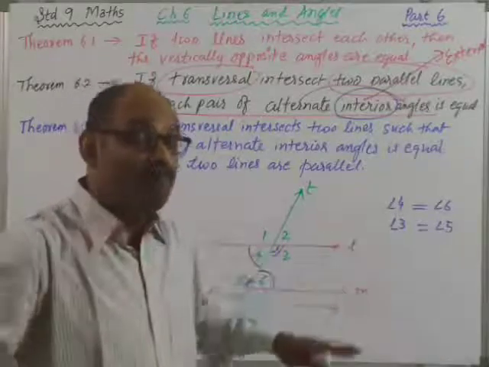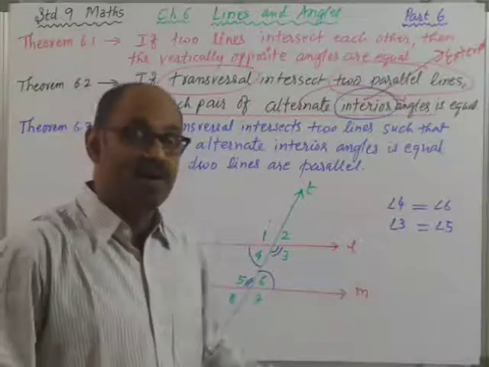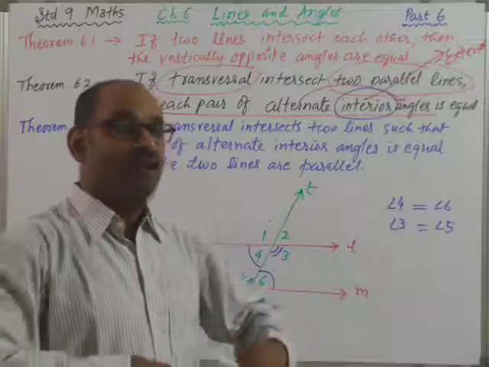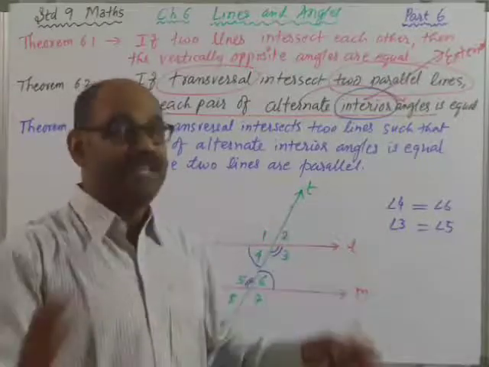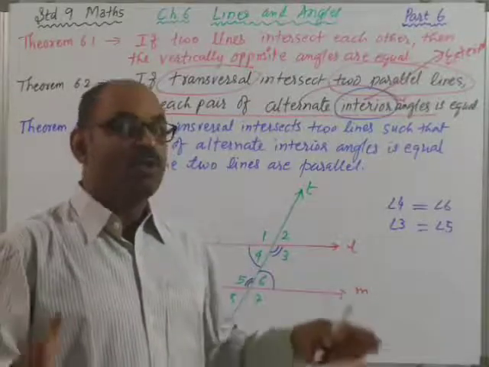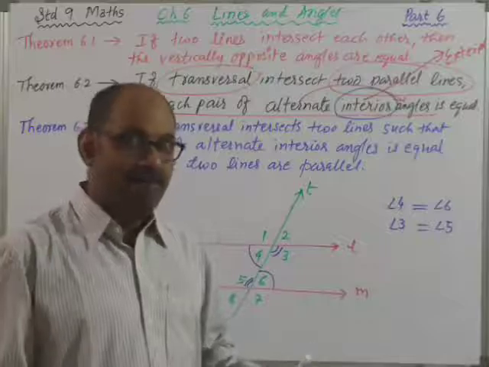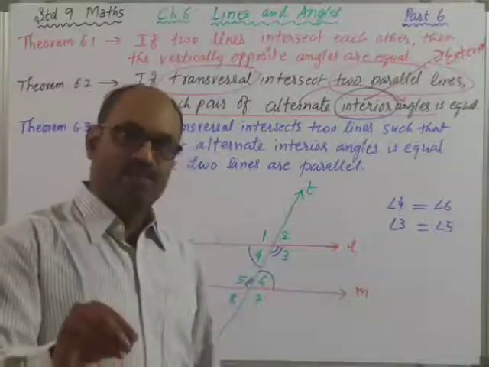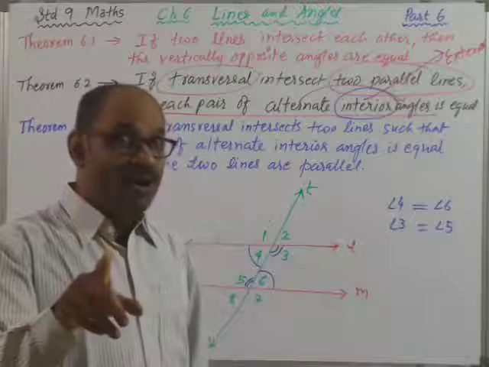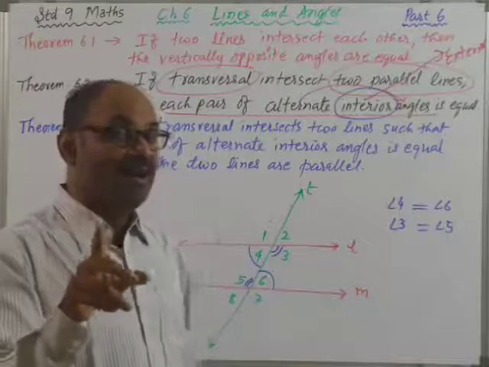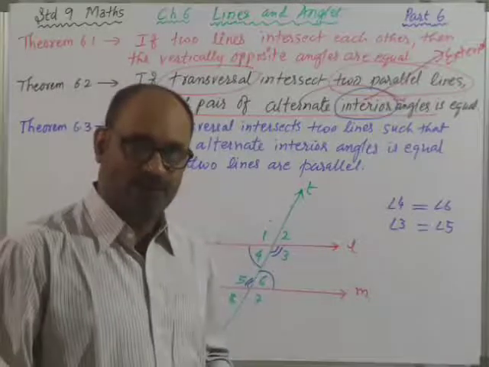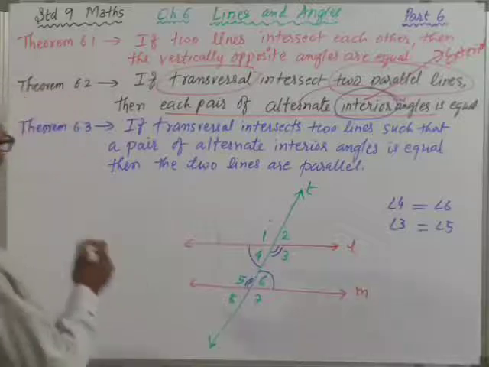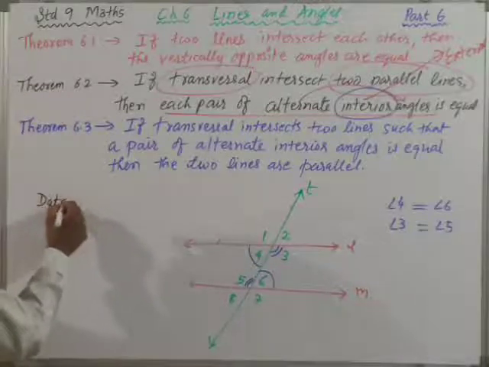Since the proofs are not given in the book, we are not going to write the proof in detail, but to understand and remember, I'm going to use a number system in its proof. You will enter it in your notebook, and that will be extra practice for you. Okay? So I'm writing here, data.